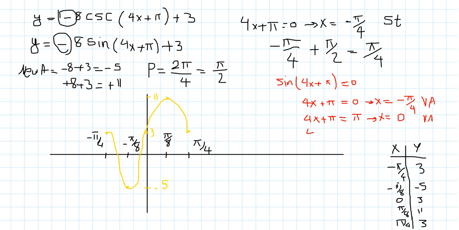Another time 4x plus pi equals 2 pi, and x should be pi over 4. So my vertical asymptotes are on minus pi over 4, 0, and pi over 4.